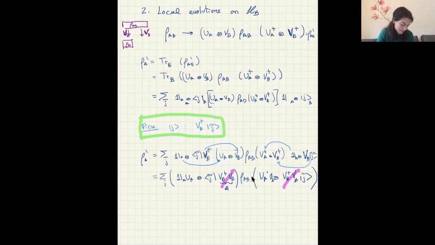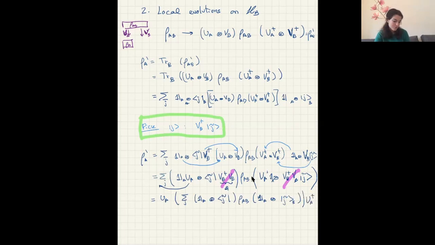But the A does not depend on J, so it can come out again. So then you have UA, and then you have what? Sum over J of this thing. UA times J tilde, Rho B, identity on A, and here J tilde again on B, right? And we put the UA dagger outside.